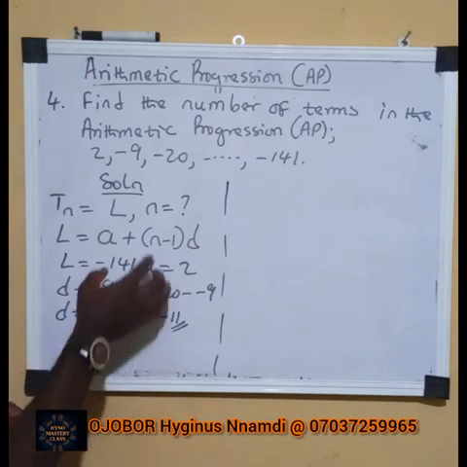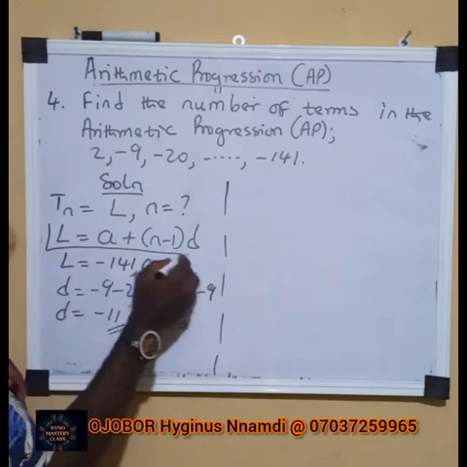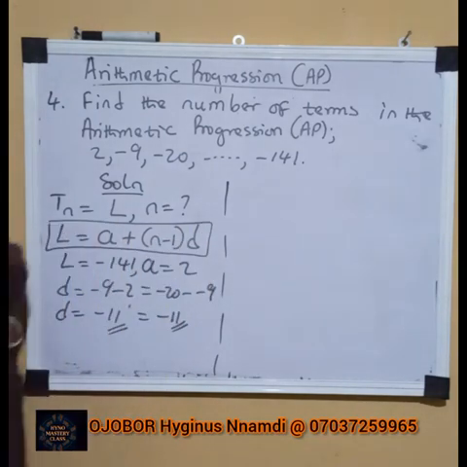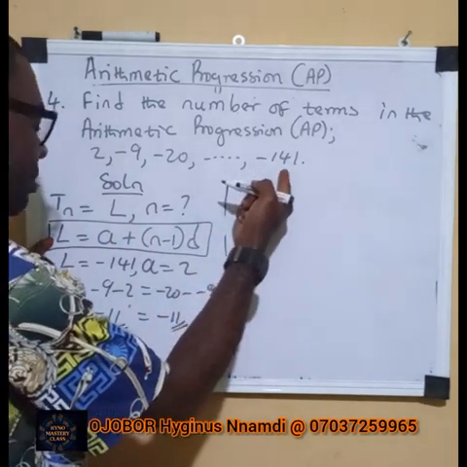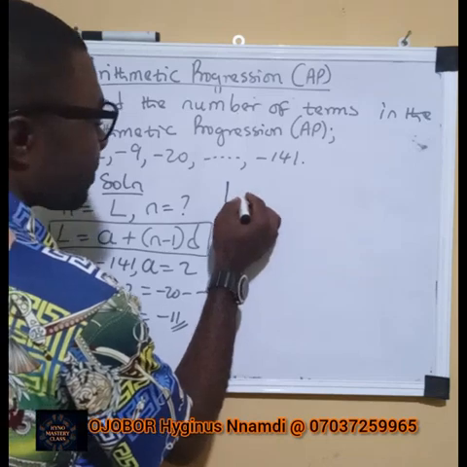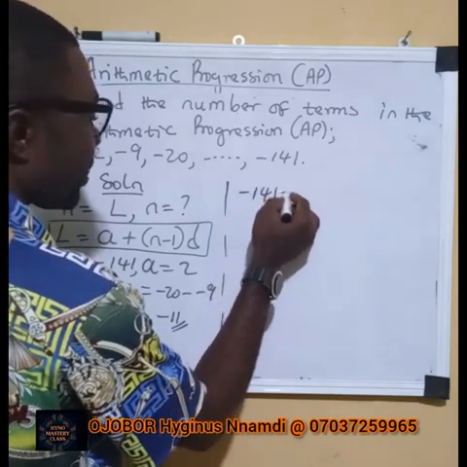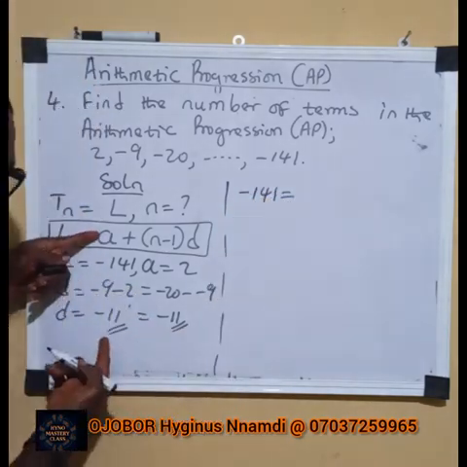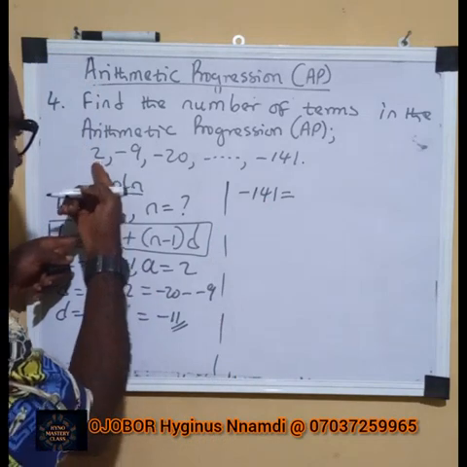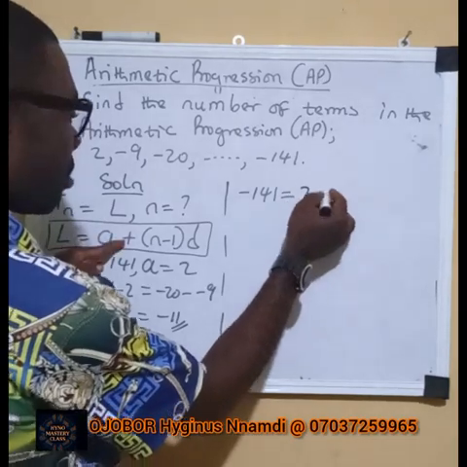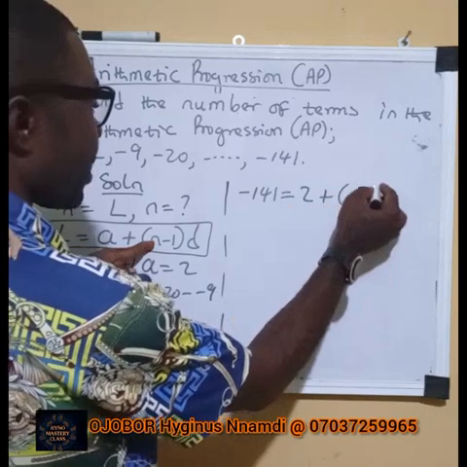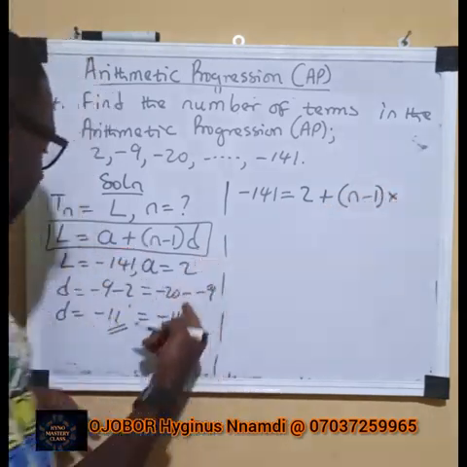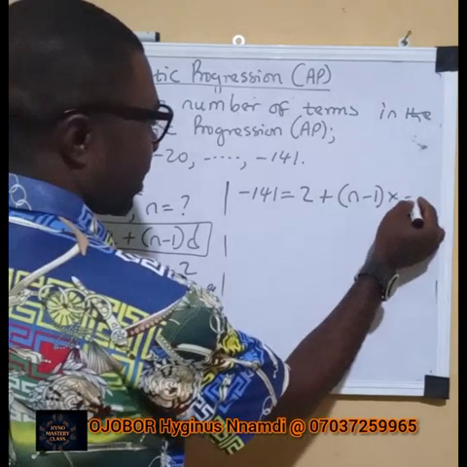So if we now substitute these quantities in this formula, we have that the last term, which is given here as -141, is equal to the first term, 2, plus n, which is what we are looking for, the number of terms, minus 1, then times the common difference, -11.